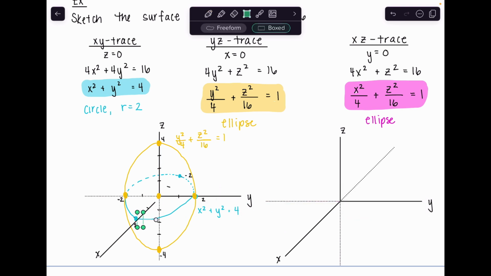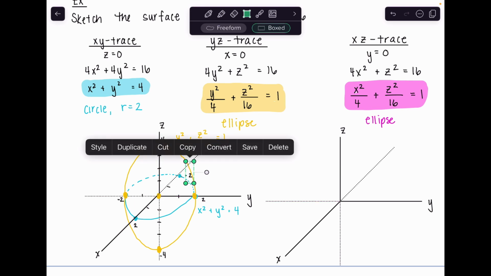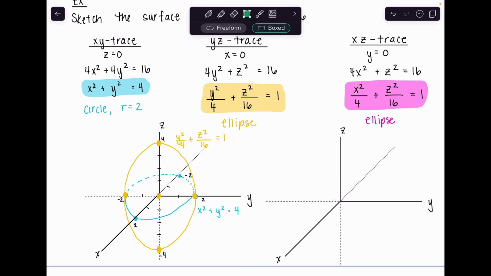Now I can add my x-axis back in. Let's shorten it a little so this way it's not running into that. And then last but not least, I've got to go ahead and draw this last equation, which ignores the y-axis. So I'm going to go ahead and get rid of that.